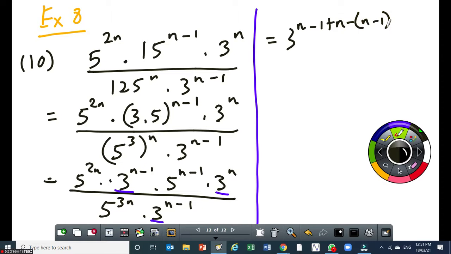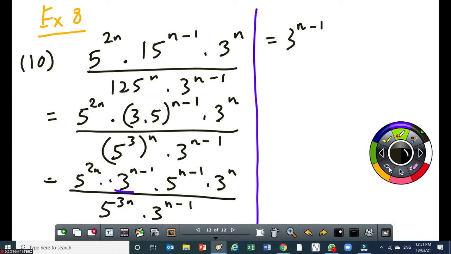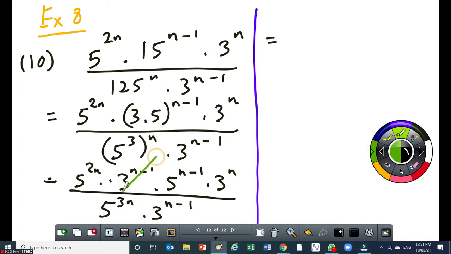In actual fact, without wasting time, I could do it this way. This will probably be the easiest way. I'll just cancel out. Okay, you can also cancel out this 3 to the power of n minus 1 and that 3 to the power of n minus 1. That will be much better than using law 1 and law 2 combined.